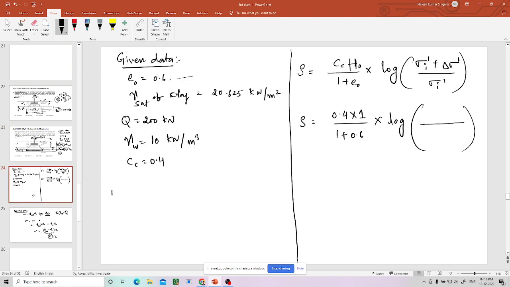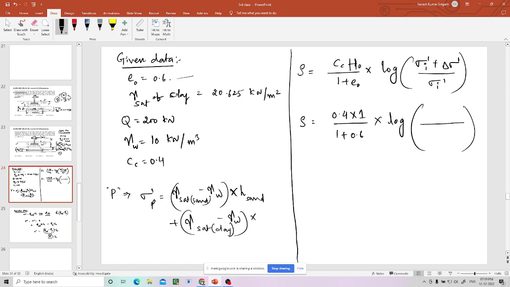Let us say that midpoint is P. Now sigma dash P is gamma saturated of sand minus gamma water multiplied by total height of the sand, because total height is there above that point, plus gamma saturated of clay minus gamma W multiplied by height of the clay. So can you tell me in this?